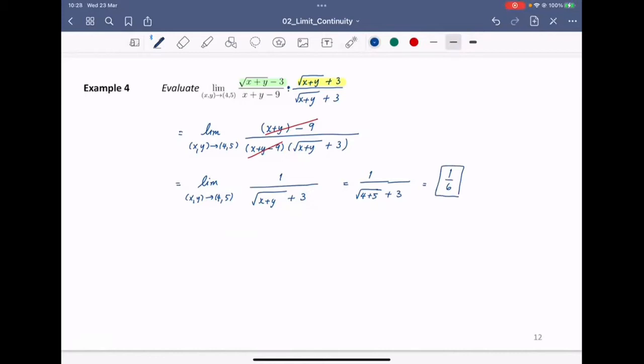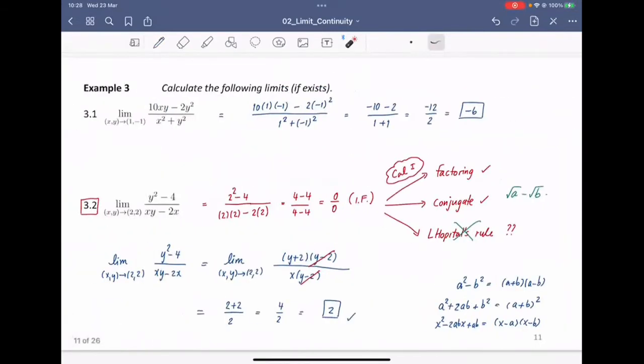Again, if you feel like you are not comfortable with examples 3 and 4, we're going to have more practice problems for you. But keep in mind, every time you do a limit computation question, one more time, if you can plug in and it is computable, good, answer that one. If it is 0 over 0, think about factoring or conjugate.